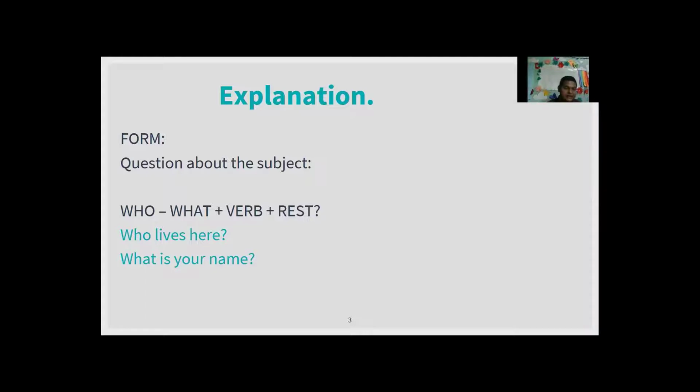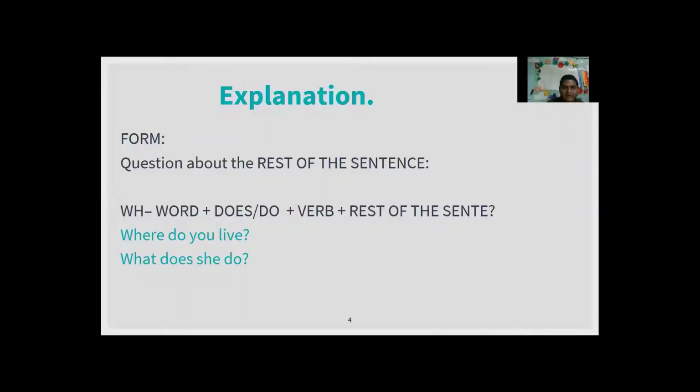In this case, I am one subject over here. So what is your name and who lives here are about the subject. Another form is a question about the rest of the sentence. Where do you live? The structure is a double H word, could be where, what, when, another word that we saw, plus the auxiliary does and do.